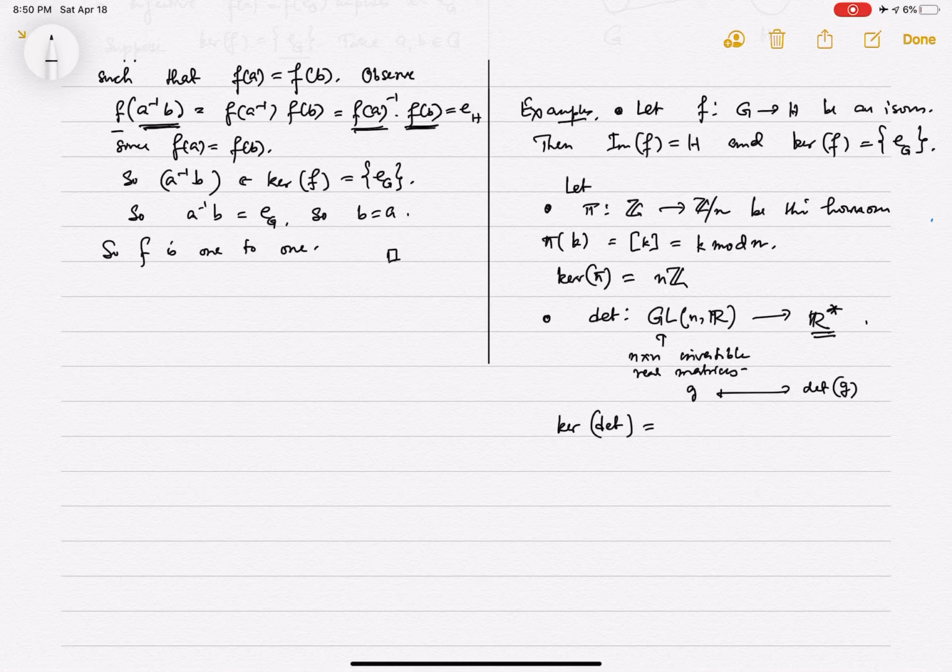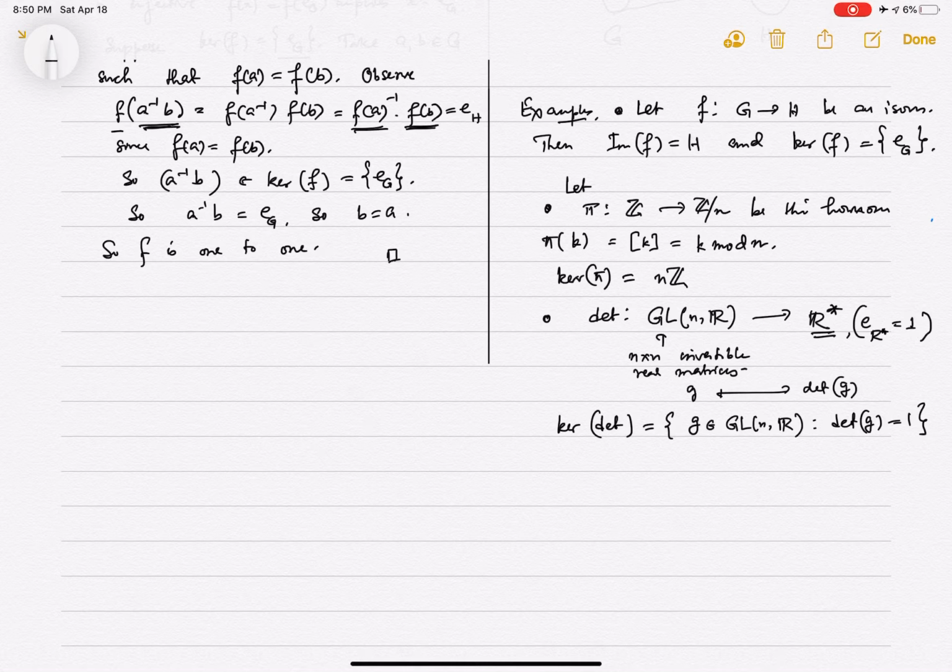So the identity of this group is called 1, the real number 1. So we are looking at all the matrices such that when you apply this homomorphism called the determinant, you get the identity, meaning these are all determinant 1 matrices.